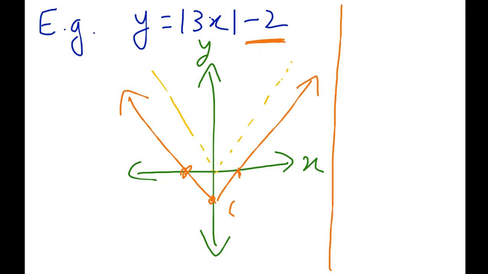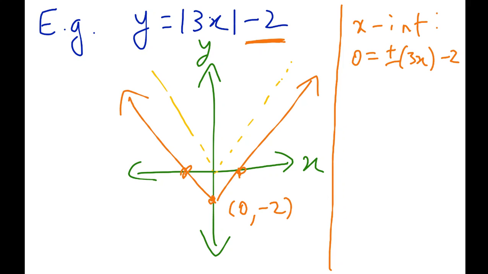So this one we don't need to do anything. It's shifted down by 2, so we know it's 0, negative 2. For our x-intercepts, we need to put y equals 0 in. Now, note that there is one for the positive part, and one for the negative part. Because of that, we need to put a plus or minus in front of the 3x when we're solving it.